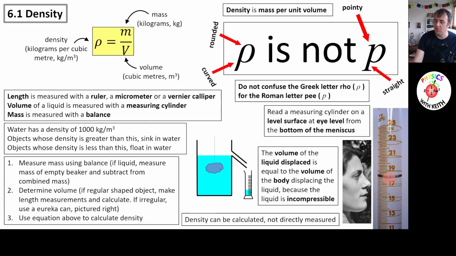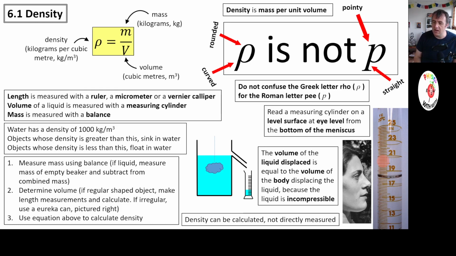You would get different measurements. So to reduce or even eliminate that effect, we view the surface of the liquid perpendicular to the scale. We make sure that the measuring cylinder is on a flat surface. That means we don't lift it up to measure it. We don't lift up our measuring cylinder and look at it. We get down low to bring our eye level to the surface of the liquid.